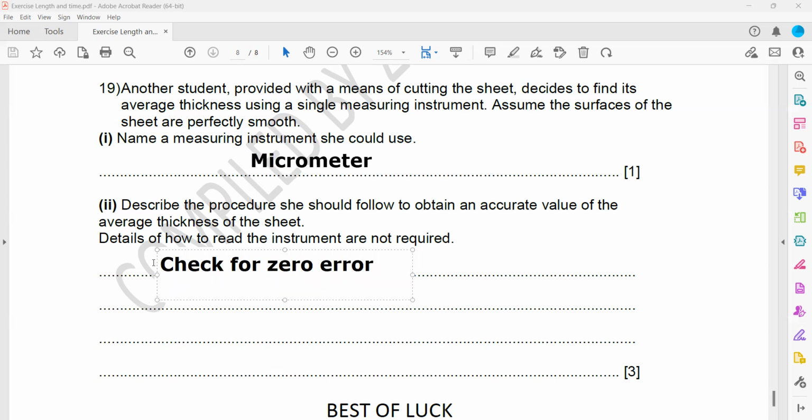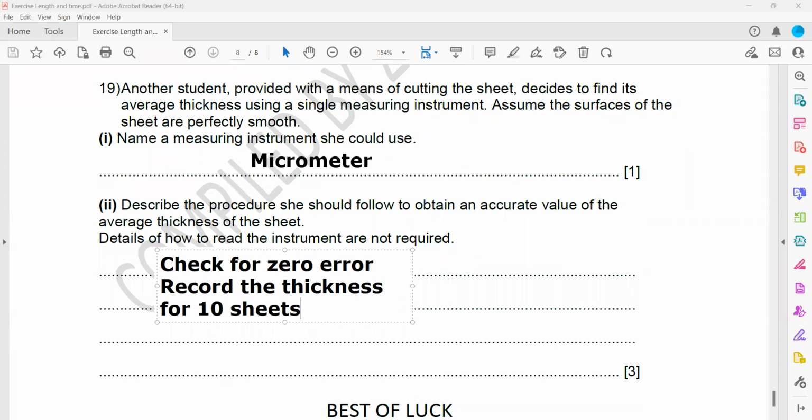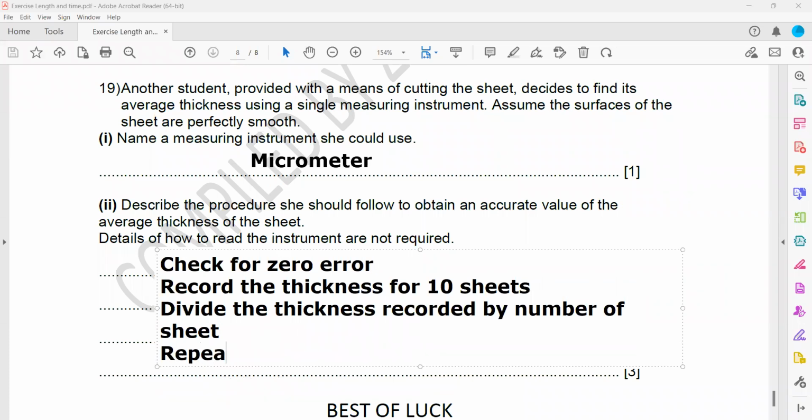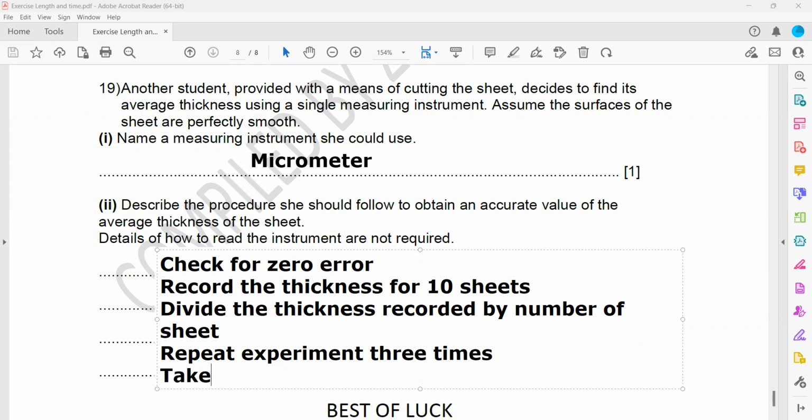Then we don't measure for one sheet; we record the thickness for 20 sheets or 10 sheets, and then divide the thickness recorded by the number of sheets. Like in this case, we'll divide by 10. And then again, we'll mention repeat the experiment 3 times and take an average.